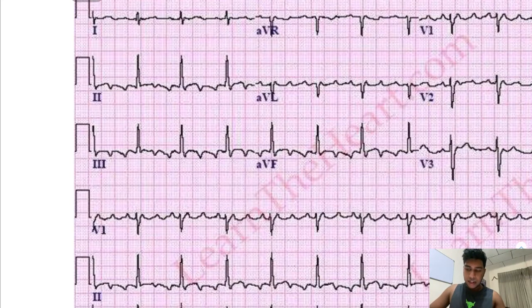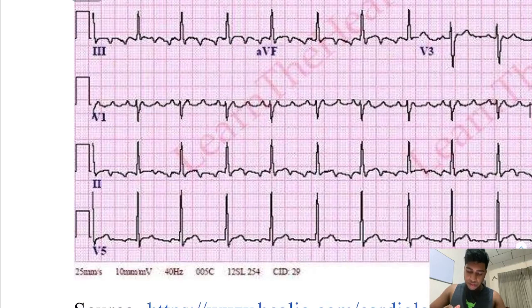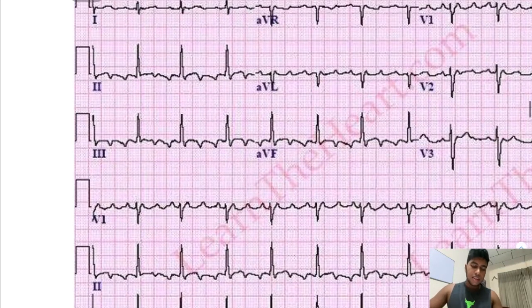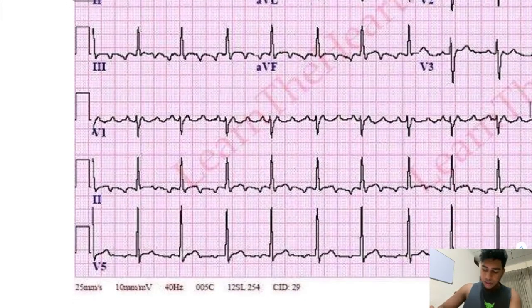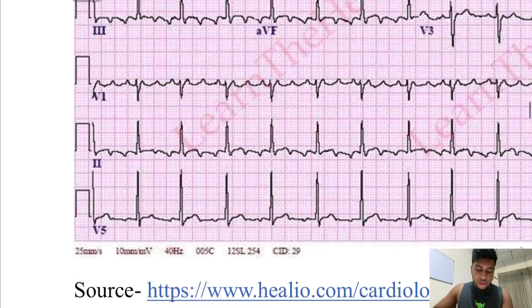Okay, I'll repeat it. Wave 2 is a vector addition of waves 3 and 1. Okay, so can you show me a P wave? Do you see a P wave here? No. Okay, we have a regular rate, but there's no P wave.